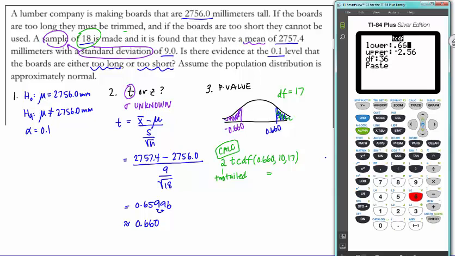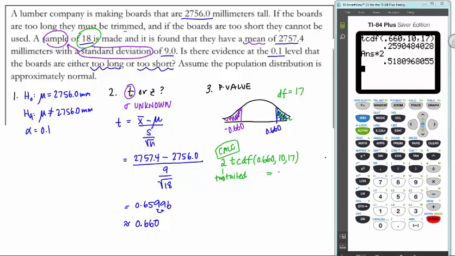Lower is 0.660, upper is an arbitrarily large number. Anything bigger than 5 will do the trick: 10, 100,000, a million. Degrees of freedom are 17. So that's 0.2590, and multiply it by 2 because of the two-tailed test, we get a p-value of 0.51809, or about 0.5181 to 4 decimal places.